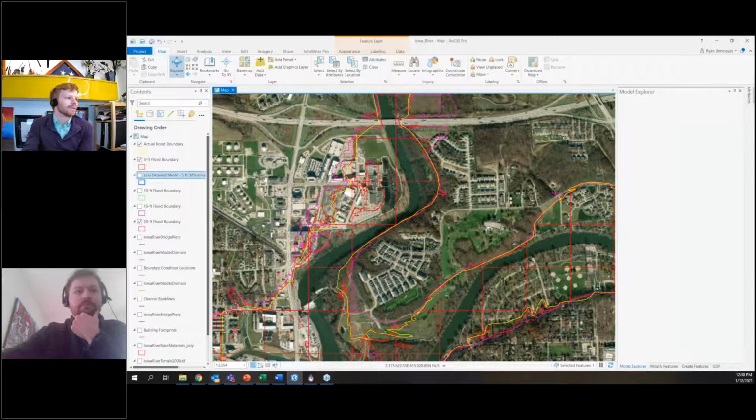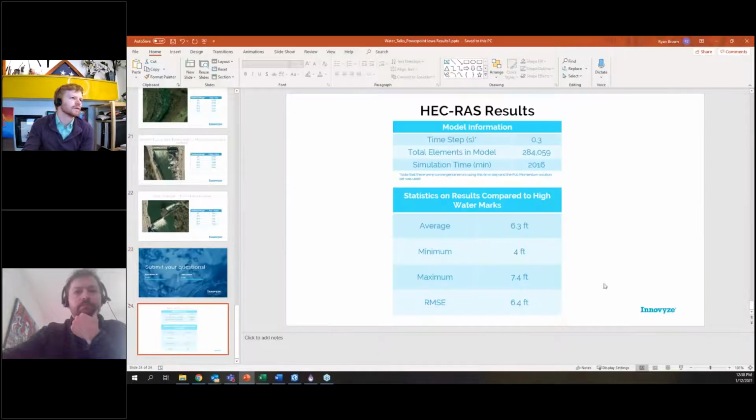I put together this hidden slide with the primary results. I used the full momentum solutions, but this took almost a day and a half to run, and it has significantly fewer model elements than even the most detailed version of what I did.